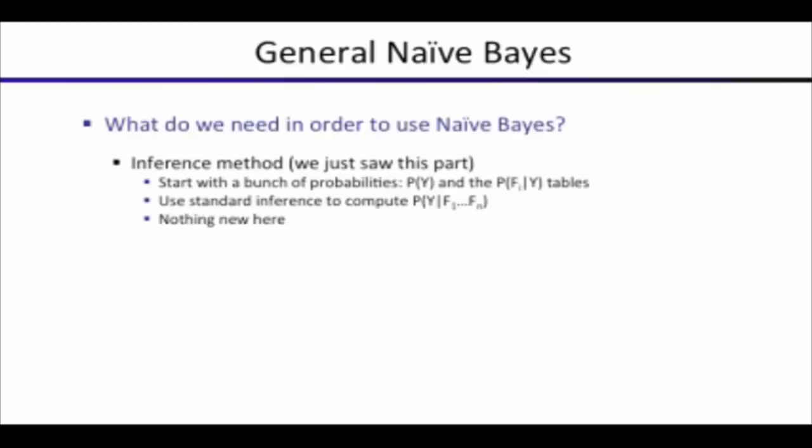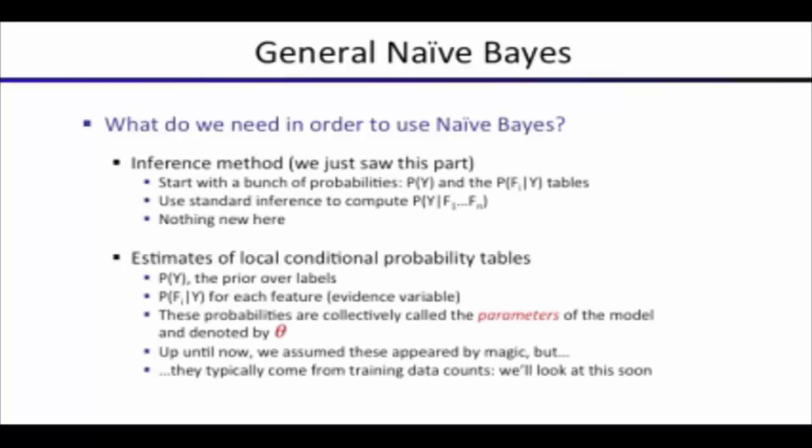So what do we need in order to use naive Bayes? First we need to be able to do inference, which we've just seen. And then we need to have these local conditional probability tables. We need this prior probability, and we need to figure out the probability of each feature given the categories.